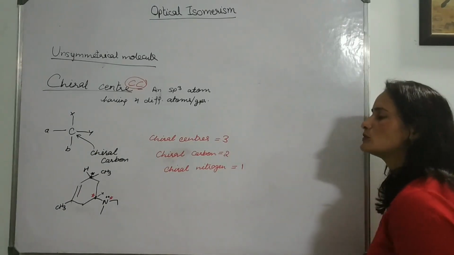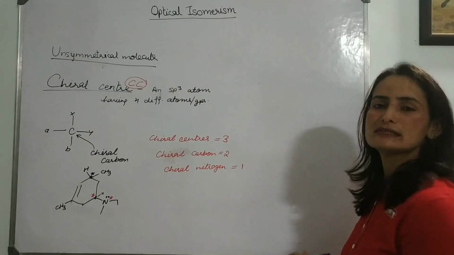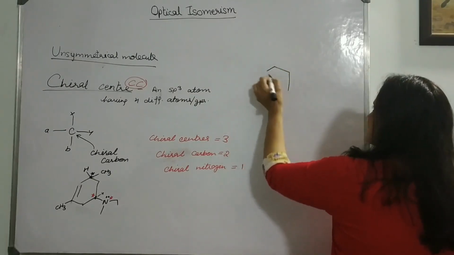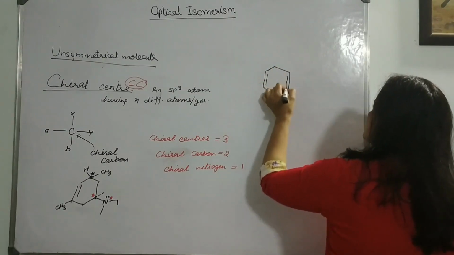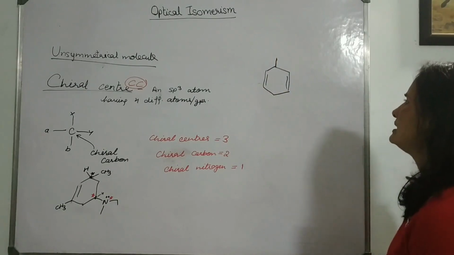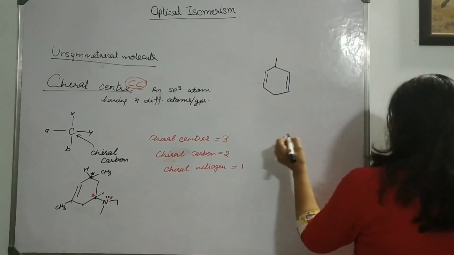Now let's take a few more examples and find out the chiral centers in all of them. For example, I am giving you this one. So let's do it quickly. Okay, I'll give you some more examples.